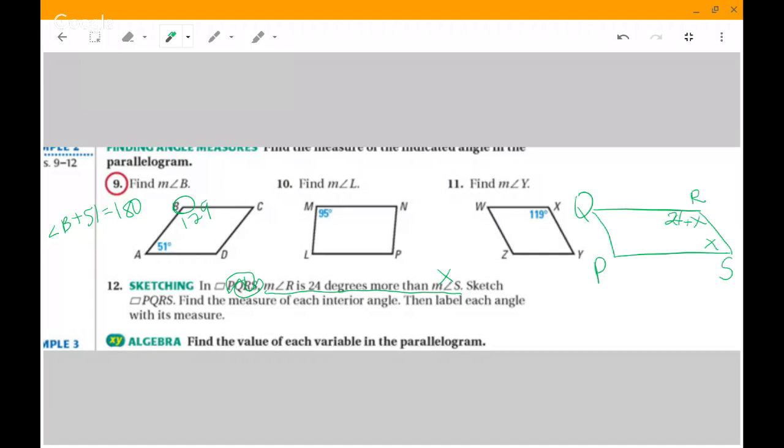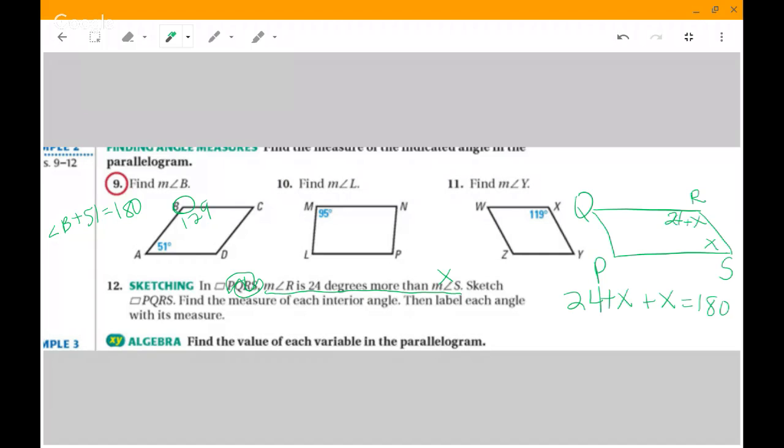Those two angles are what kind of angles? They're consecutive interior, so they're going to add up to 180. 24 plus X, which is angle R, plus X, which is angle S, all together will be 180.